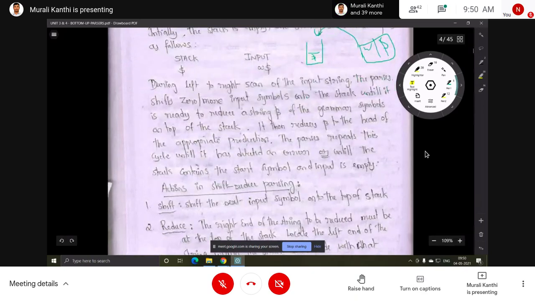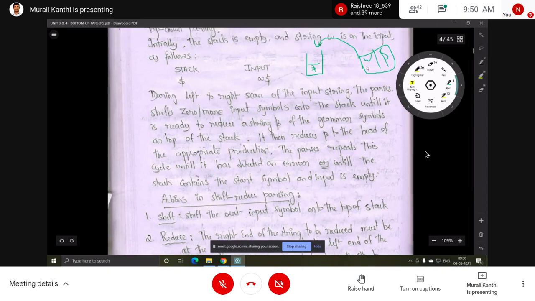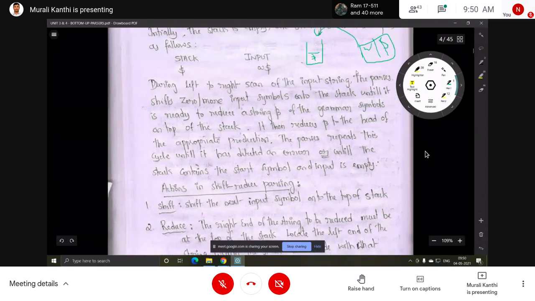The parser repeats this process until it has detected an error, or until the stack contains the starting symbol and the input is empty. Until getting the starting symbol onto the stack and the input buffer empty, this process is repeated.